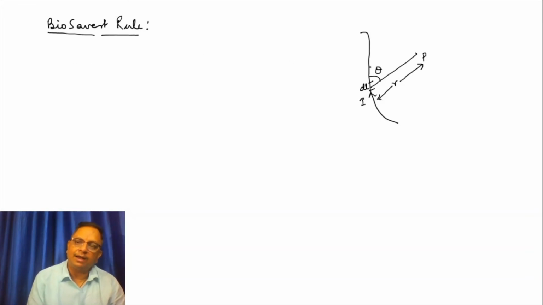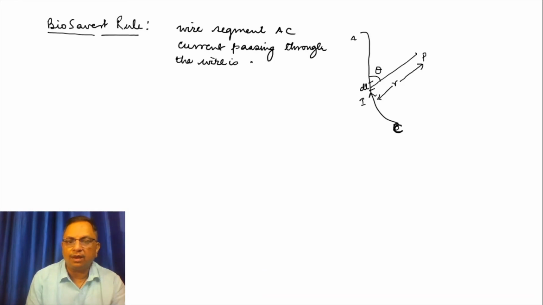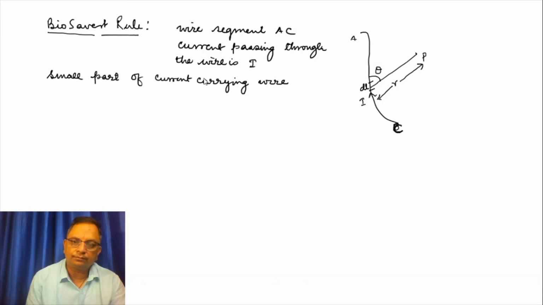Let a wire segment AC, the current passing through the wire is I. We take a small part of the current carrying wire, that we call the current element.